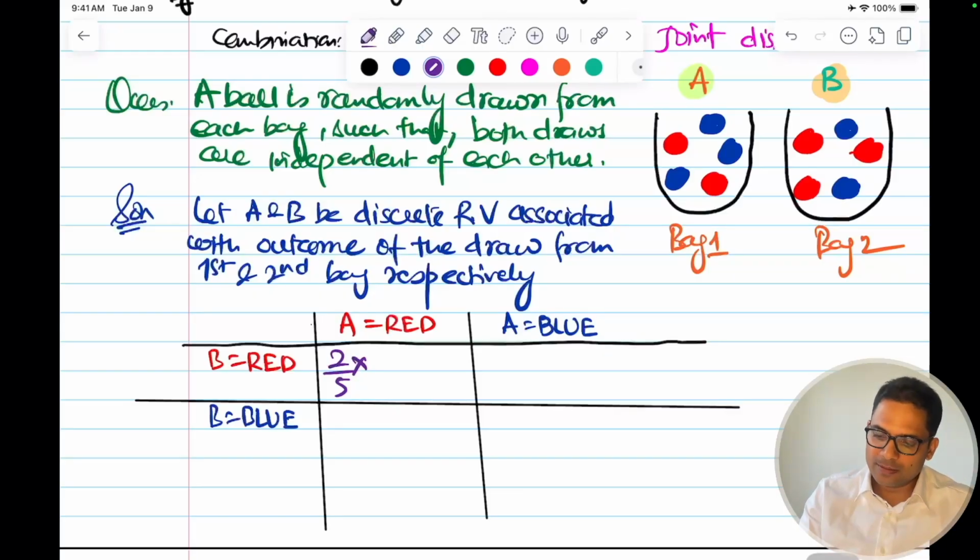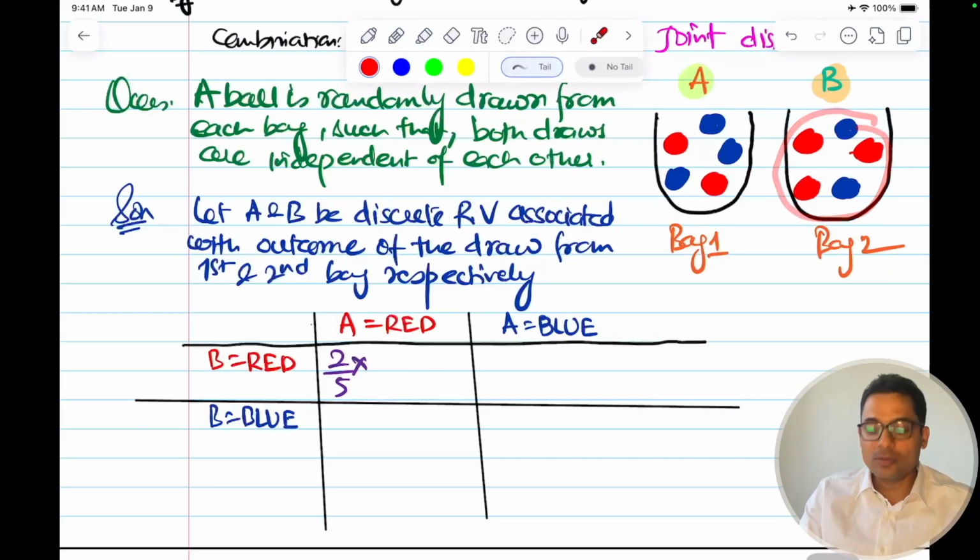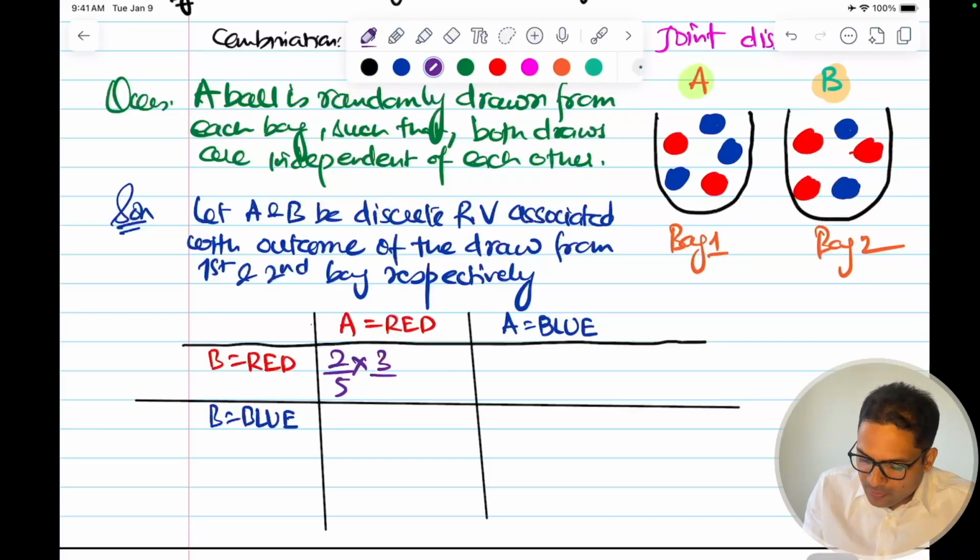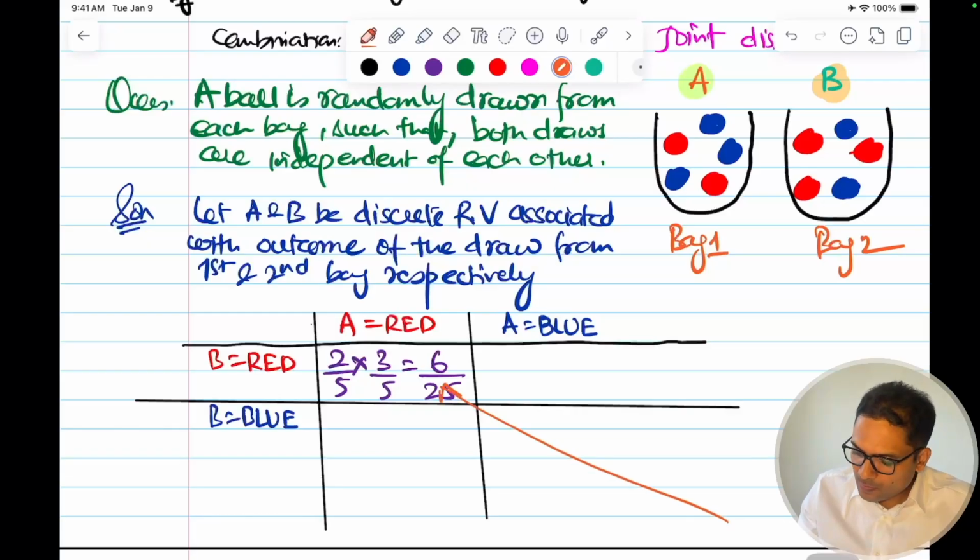And what will be the probability of drawing a red ball from this bag too? There are 3 red balls out of 5, so this will be 3/5. So what is the total probability? 6/25. And this is nothing but our joint probability.